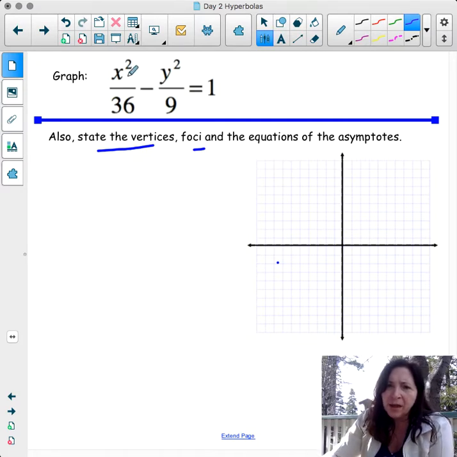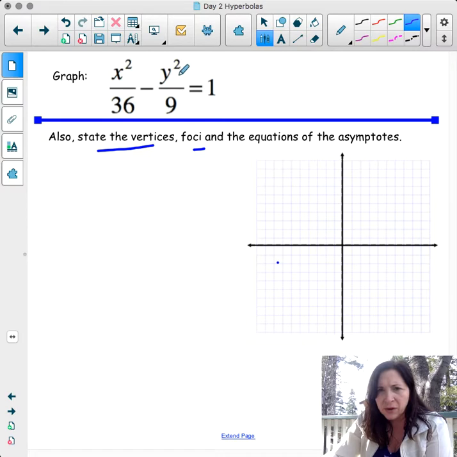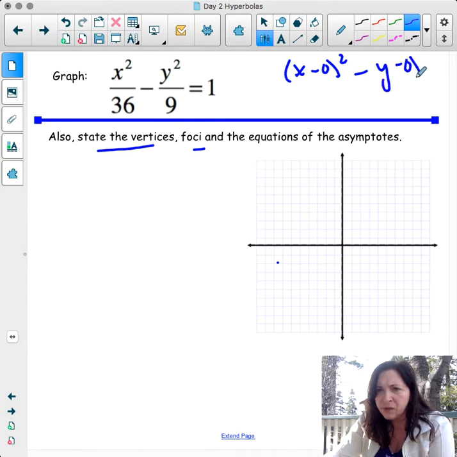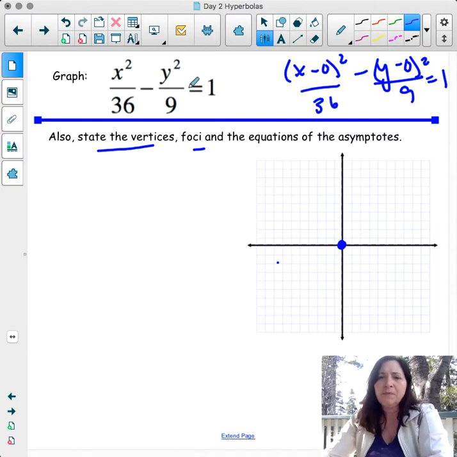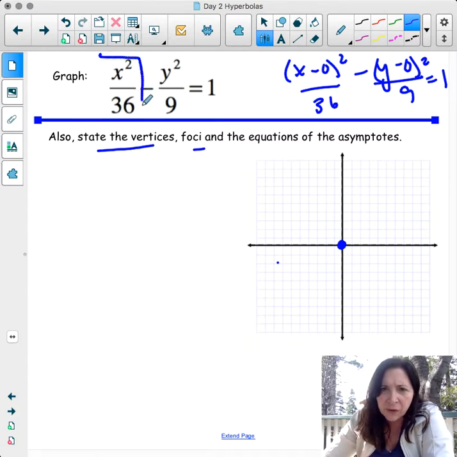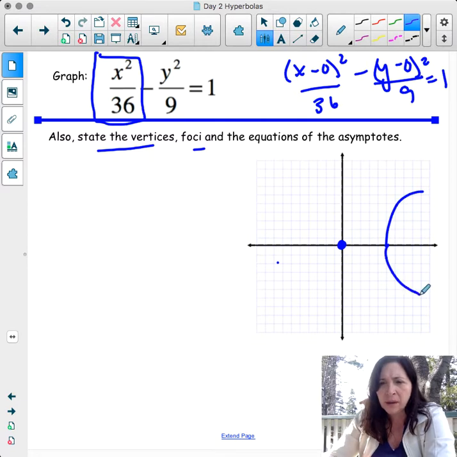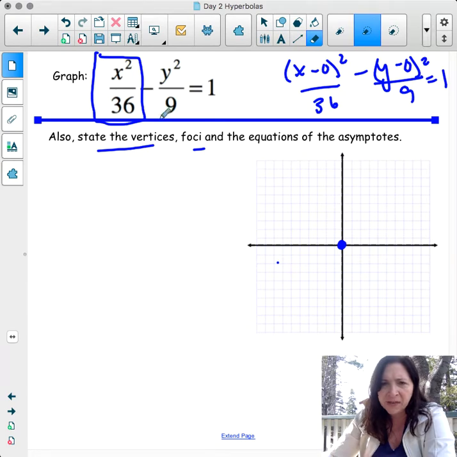Because there's no h, k here, meaning it could have been x minus 0 quantity squared over 36 minus y minus 0 quantity squared over 9, that means my center is at 0, 0. Now, because my x term is positive, my hyperbolas are going to come off of the x-axis, okay? Not sure where yet, but they are going to be coming off the x-axis because the x term is positive.